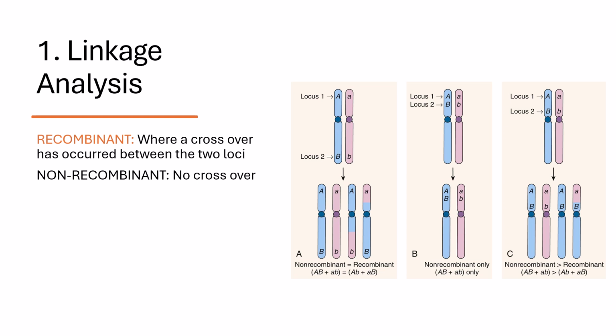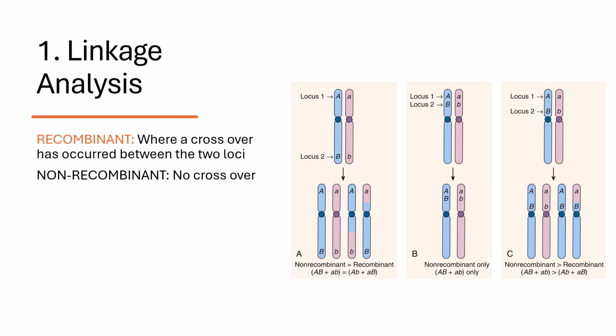which is lowercase a along with uppercase B, then you know that there has been a recombination. Now, recombination, if you apply common sense, you would also know that if there is more distance between two of these loci, then there is a higher chance of recombination occurring. If these two loci, as in the second example, are very close together, then it is likely that they will always be linked, or they'll occur together, and that's likely to produce non-recombinance only.